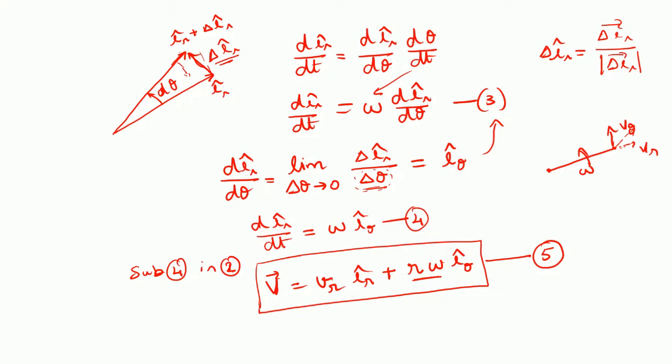Now let us see the acceleration in the polar coordinate system. We have got this already, that my velocity is equal to VR into ER plus R omega into E theta. Now what is acceleration? Acceleration is given as dV by dt.